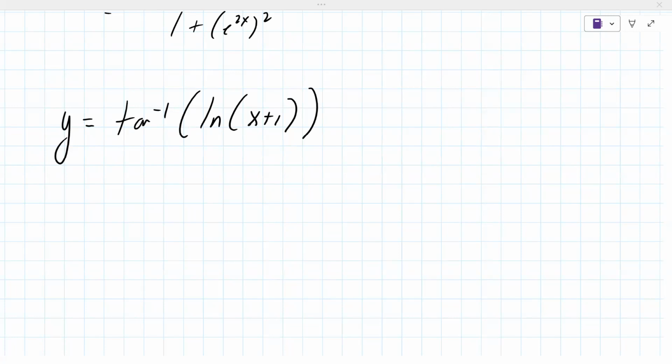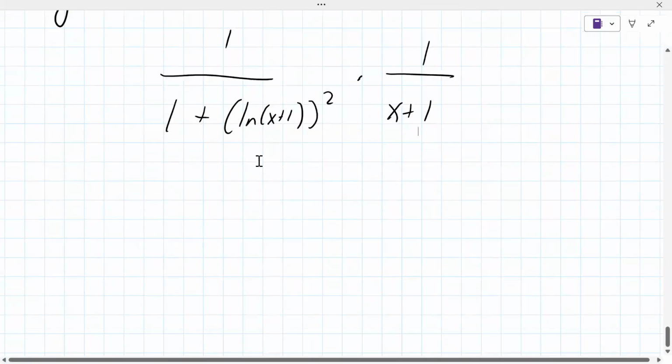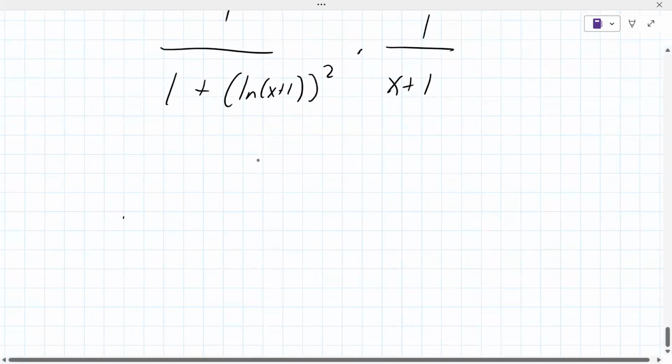Okay. I get 1 over 1 plus natural log of x plus 1 squared, times 1 over x plus 1. Okay, good.